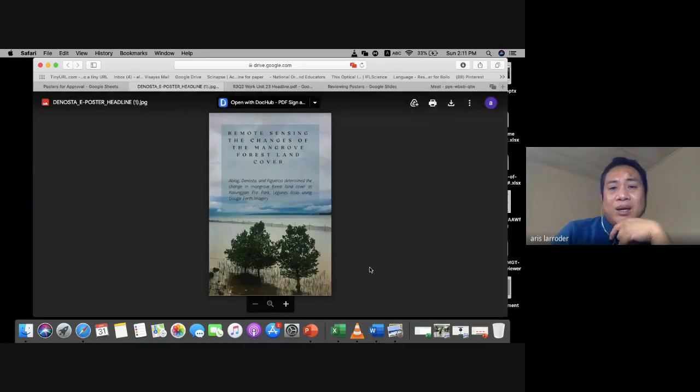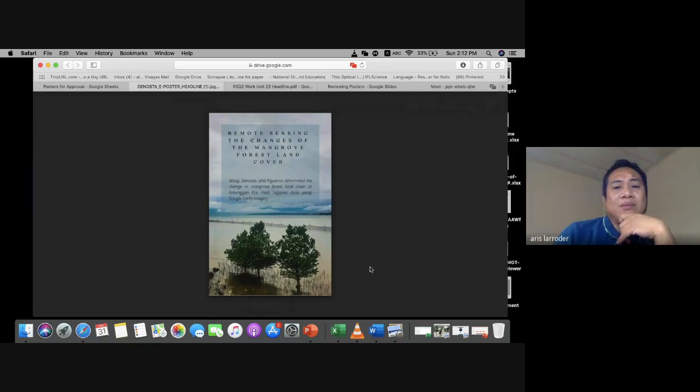How about this one? Remote sensing the changes of mangrove forest land cover. And then, this one is Instagram worthy. I want to put it in a poster and then hang it on the wall.